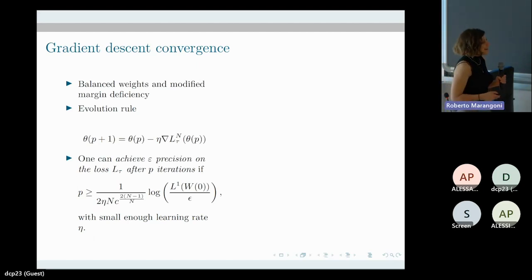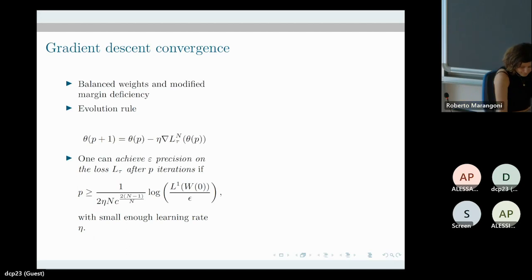It's a little bit ugly. Eta is the learning rate, n is the number of layers, and c is this margin deficiency, like how close the initialization of our weights is to the target one.